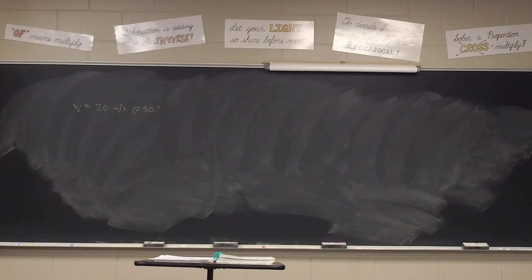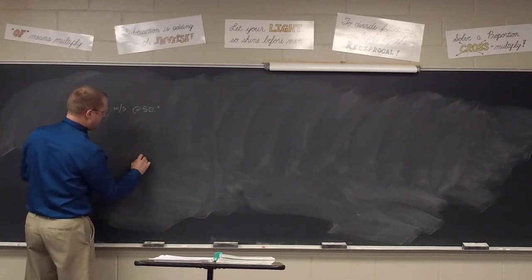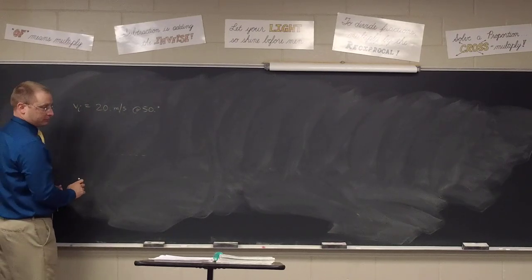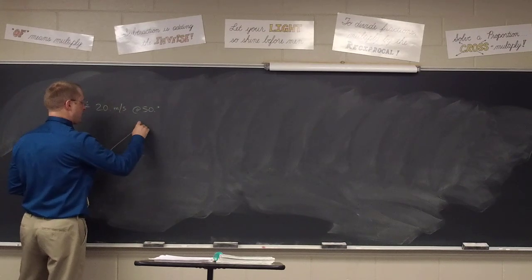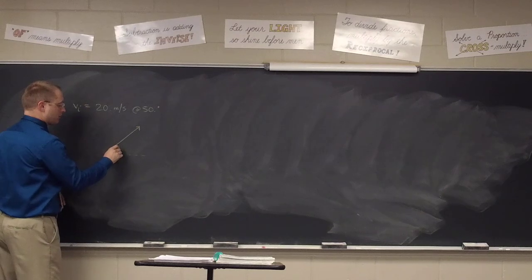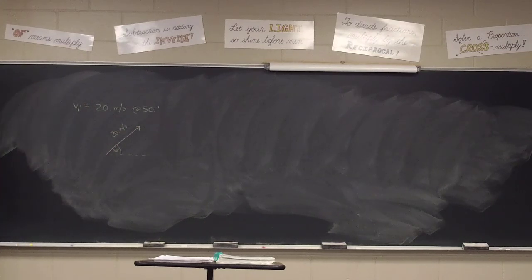The first key is to draw the vector. A 50-degree angle. So here would be if she hit it straight forward, which would go under the net, but here is a 50-degree angle. 20 meters per second. Again, does she hit it upward or does she hit it forward? Yes.